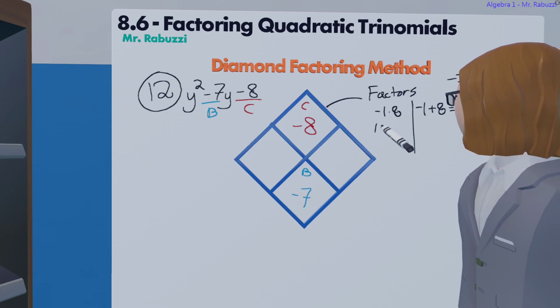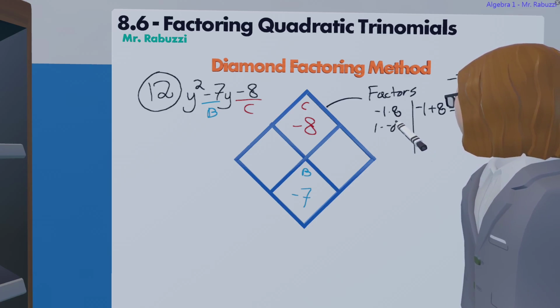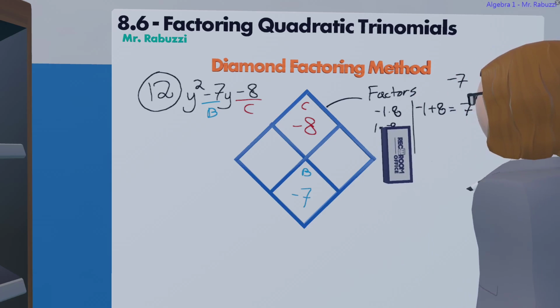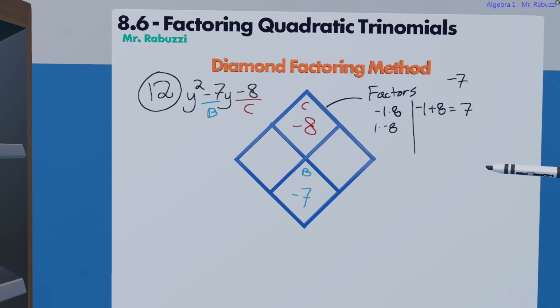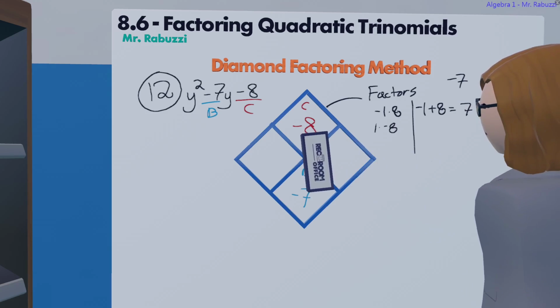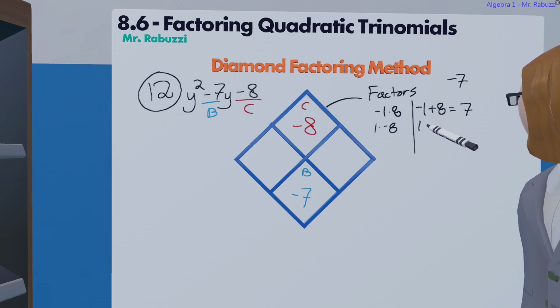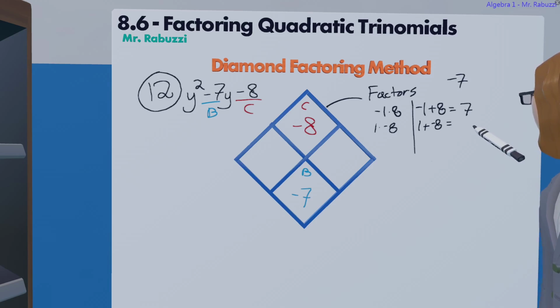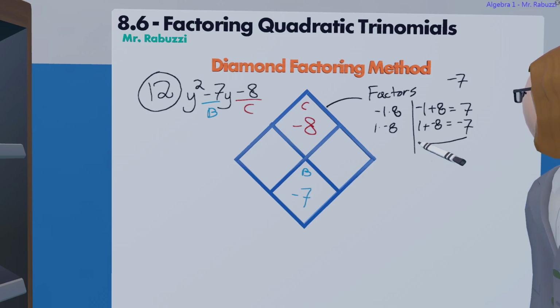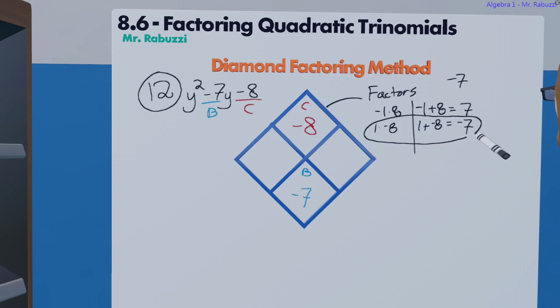So what if I do 1 times -8? That's a multiply. Let me just write that again. 1 times -8. Okay, 1 times -8 is still -8. And if we add them up, 1 plus -8. If I do that in my head or on the calculator, I will get -7 indeed. And that is good. That is what we were looking for, right? It matches our B number.